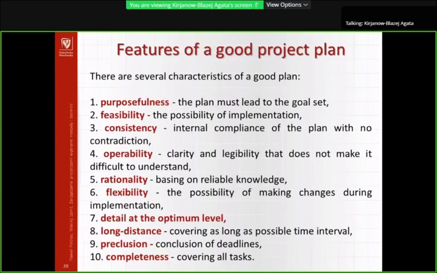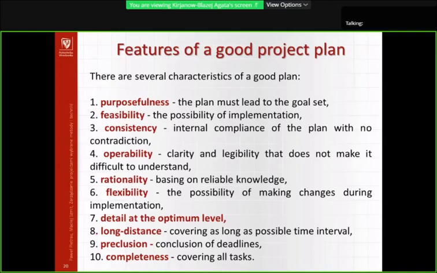There are several characteristics of a good plan. First, purposefulness. The plan must lead to the goal set. Feasibility, the possibility of implementation. Consistency, internal compliance of the plan with no contradiction.